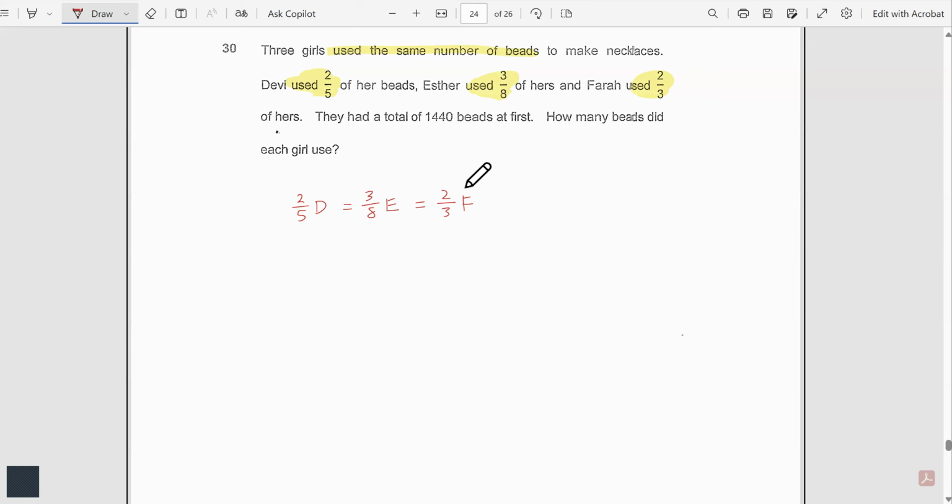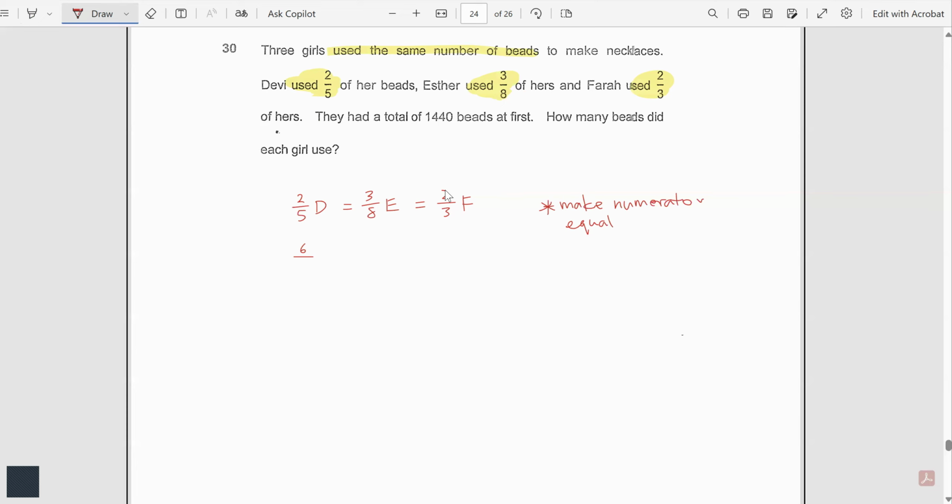Since all those numbers are supposed to have the same value, because they use the same number, let's change the numerator to the same number. For equivalent proportion, we always want to make the numerator equal. So the common multiple of 2, 3, 2 will be 6.